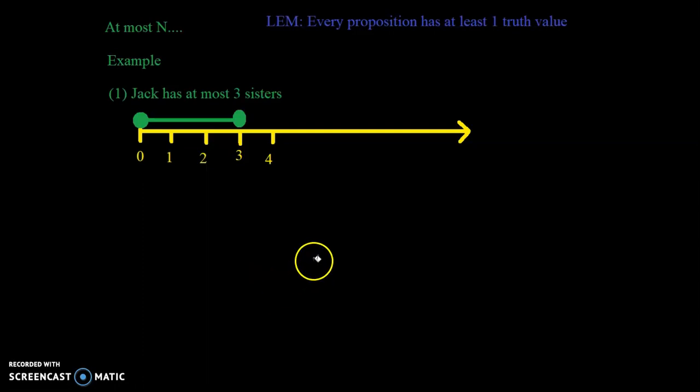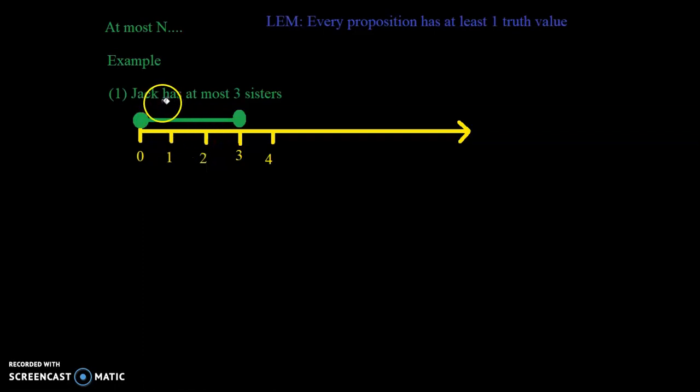All right, hopefully you've had a chance to try it, but if it's true that he has at most 3 sisters, then that includes the possibility that he has exactly 3, so that's included. It's also possible that he's got exactly 2, and it's true that he has at most 3. So this is working as an upper bound, we might say, whereas the at least clause works as a lower bound, all right?